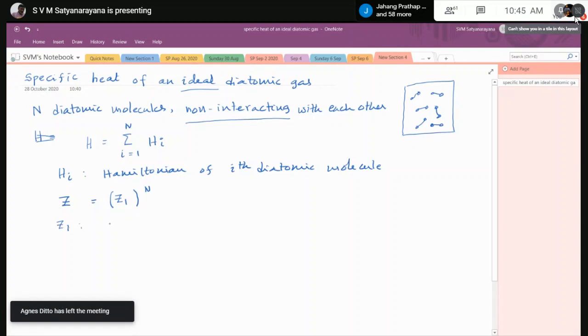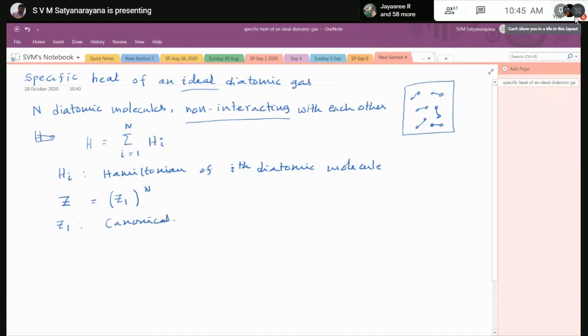is the canonical partition function of a single diatomic molecule.